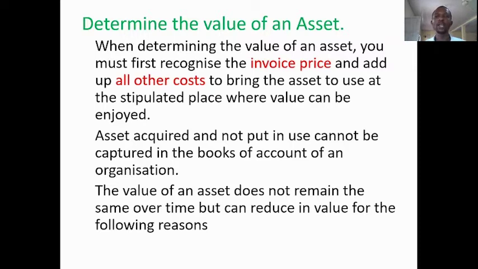Is that okay? Now, there are other costs that may come in that will look as if they are part of it. For example, the cost you use to train somebody who will operate the machine. You cannot add that, because the usage of the asset will not remove the training from the person completely. If you charge it against the asset, when you buy another asset that the person can also operate, which one will you not charge it against?